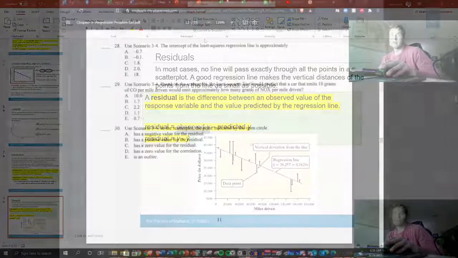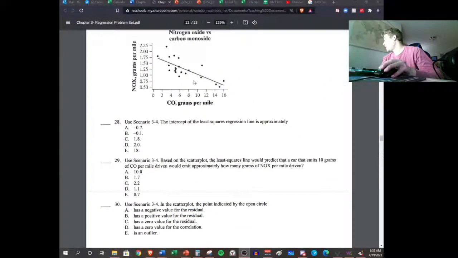Going back to the screen, this Y value is smaller than the actual line. That's what this is talking about. So from the formula for a residual, the Y value of this minus the Y value of this is going to create a negative value. So A would be the best choice on this.